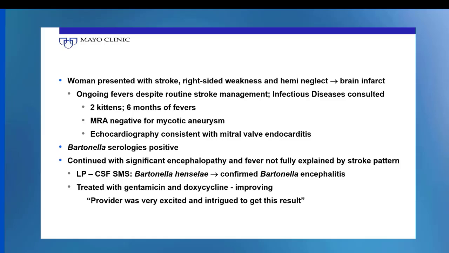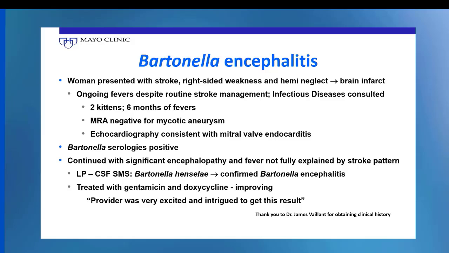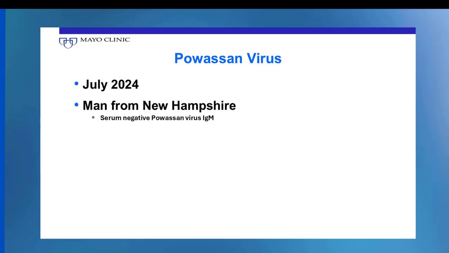And the provider who received this result was very excited and intrigued to receive this result of the metagenomic sequencing of spinal fluid. This is another case. This is this past July, so not that long ago. It was a man from New Hampshire, and we had serology sent to us for Powassan virus IgM, and that was negative.